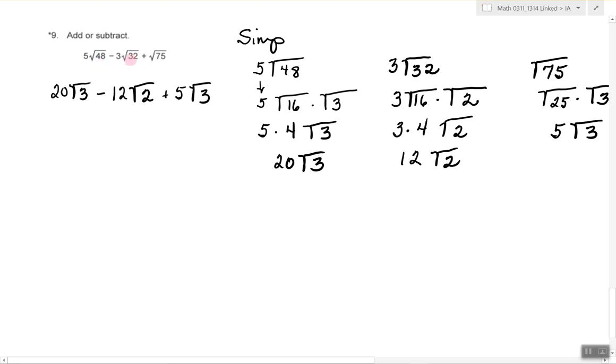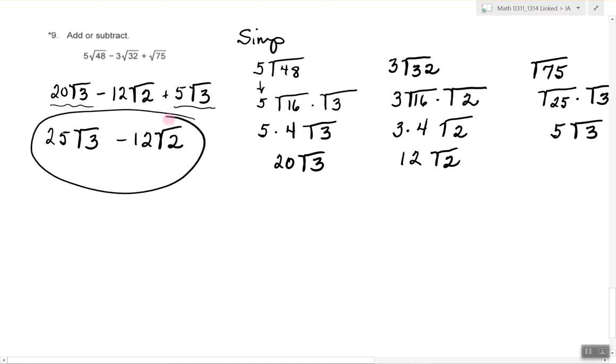So I simply simplify each one of those, and now look at it. This term and this term have square roots of 3, so there are 20 plus 5, or 25 square roots of 3, and then minus 12 square root of 2. There are no like radicals there, so that is my simplified answer.